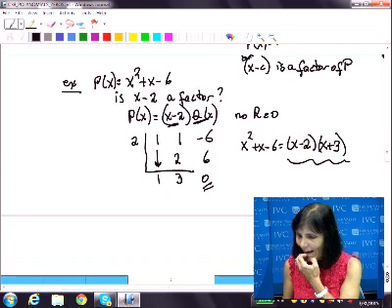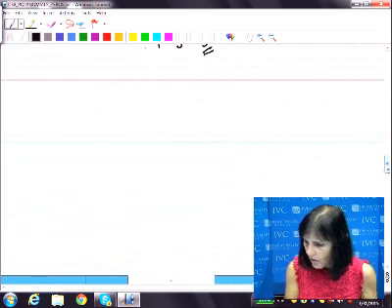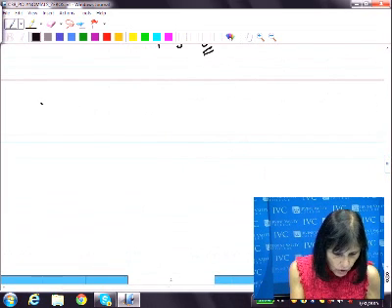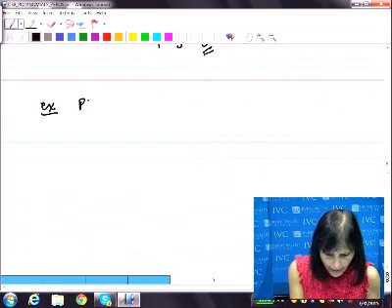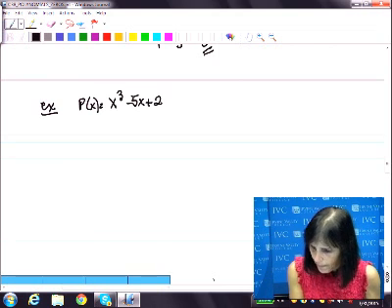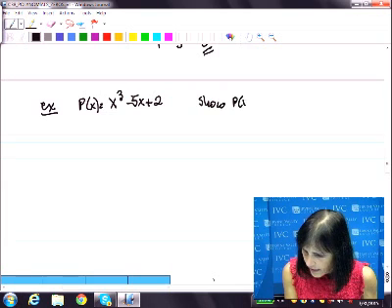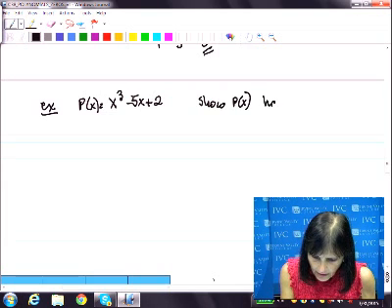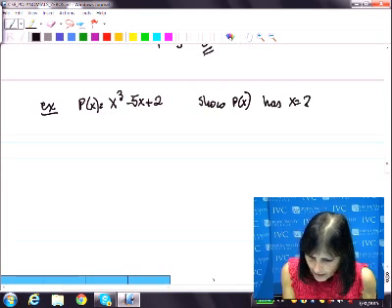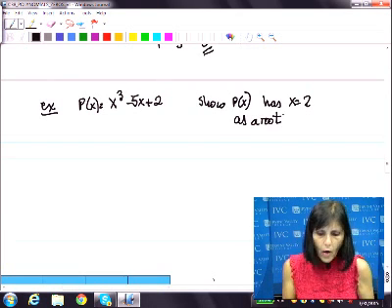All right. Now let's do something else. Let's say I have a cubic. P of x is x cubed minus 5x plus 2. Show that P of x has x equal 2 as a root. Okay? What can I do?